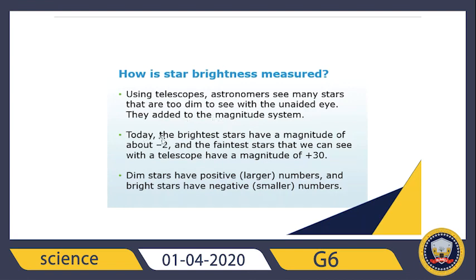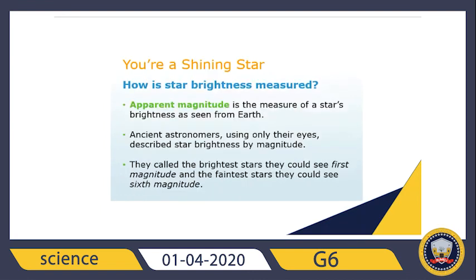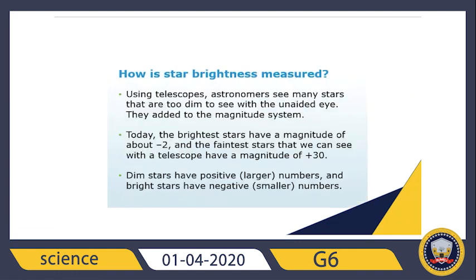So guys, today the brightest stars have a magnitude of about -2. Remember what we said about the old scale. In the old scale, the brightest star has the first magnitude, but according to the new system, the brightest stars have a magnitude of about -2.